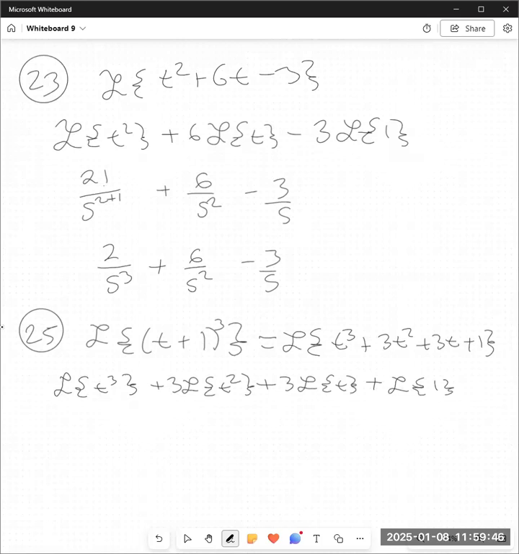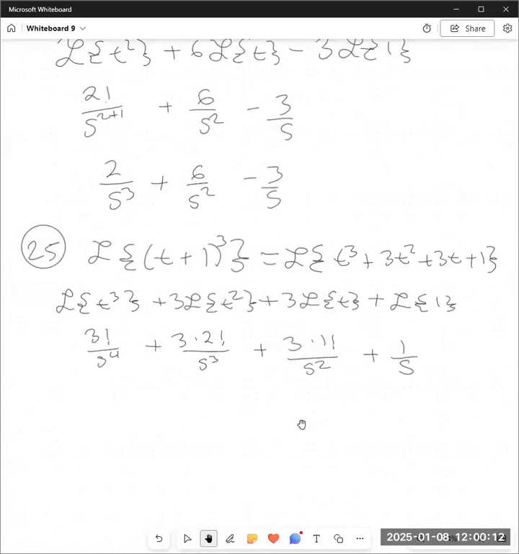And so that's going to be 3 factorial over s to the 4th plus 3 times 2 factorial over s to the 3rd plus 3 times 1 factorial over s to the 2nd plus 1 over s. 3 factorial, 3 times 2 times 1, is 6 over s to the 4th. 3 times 2 times 1 is 6 again over s to the 3rd. 3 times 1 is 3 over s squared plus 1 over s.